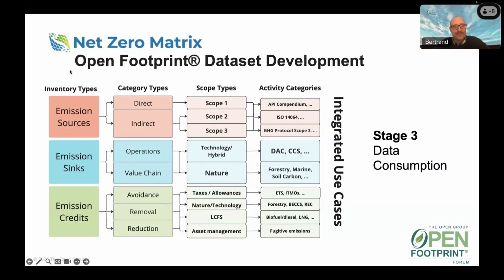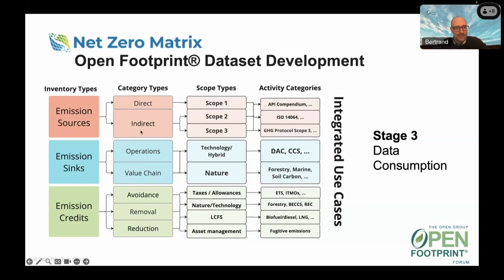In this case, we have a very basic breakdown of the data model, this concept of inventory types, where we have emission sources, sinks, and credits. So what's released, what's removed, but also what is credited or debited to an organization, which may be an emission trading system, a tax, or an offset that an organization issued. Now, how could we then integrate these various sections of the data model into a business or commercial application or use case?